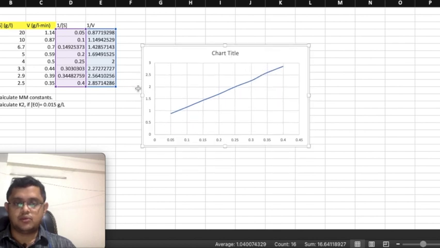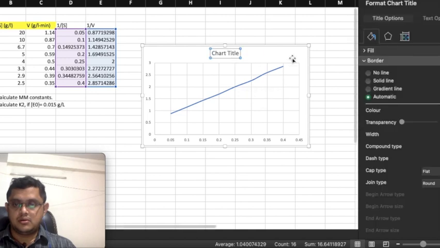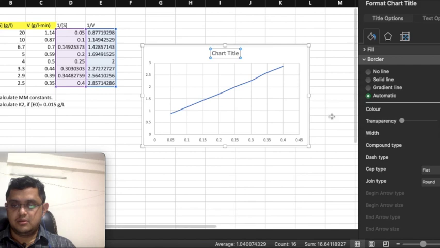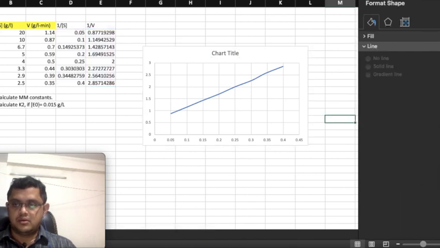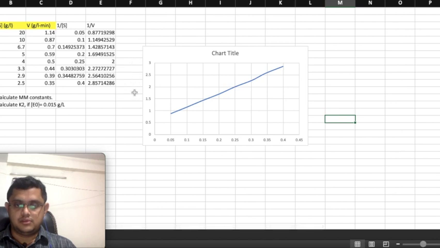The y-axis is nothing but 1 by V, whereas the x-axis is nothing but your 1 by S value, right? Anyway, this y-axis is 1 by V and x-axis is 1 by S.